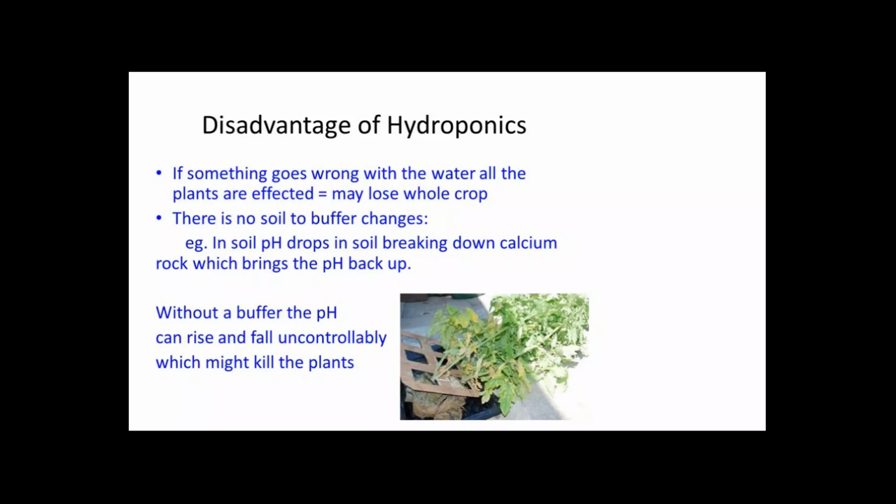Disadvantages: if something goes wrong with the water, all the plants are affected. So you might lose your entire crop. Then there is no soil buffer. Without a buffer, the pH can rise and fall uncontrollably, which might kill the plants.